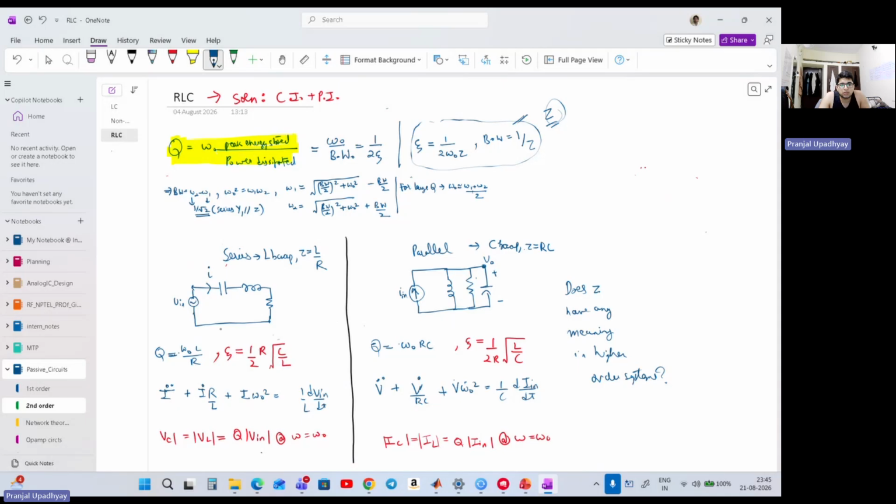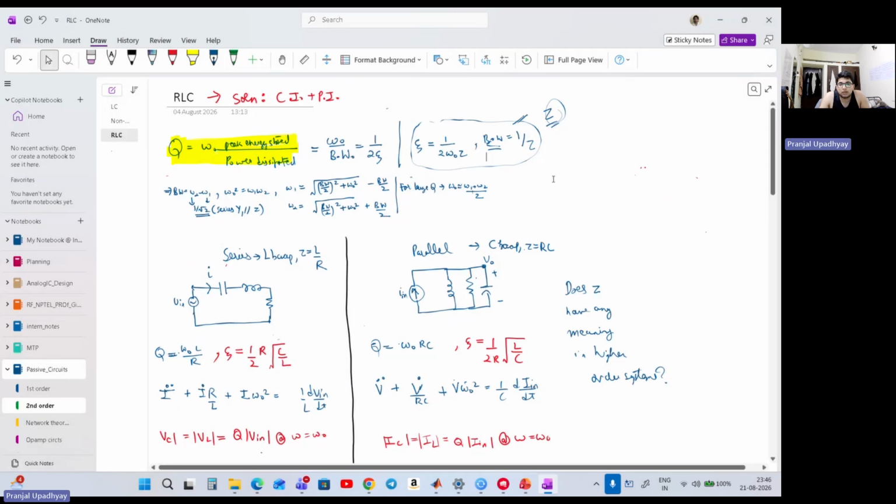Why so? Because the bandwidth can now easily be defined by 1 by tau, and as it happens, for this series circuit the bandwidth is R by L, and for this circuit the bandwidth is 1 by RC. So again, without actually having to calculate it, we can quickly derive it.